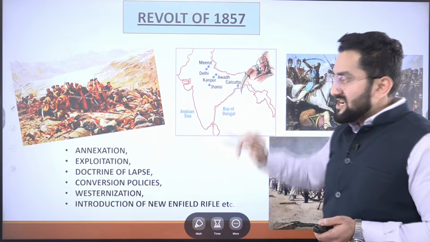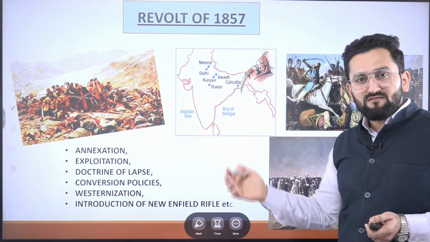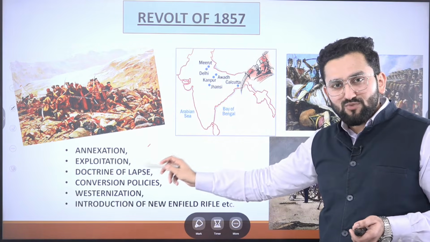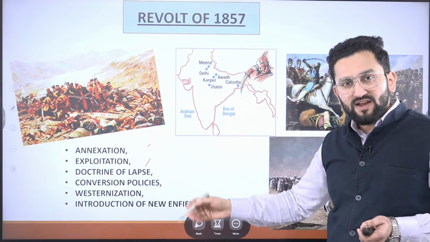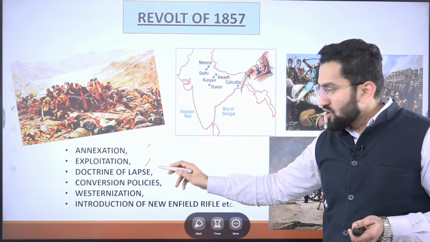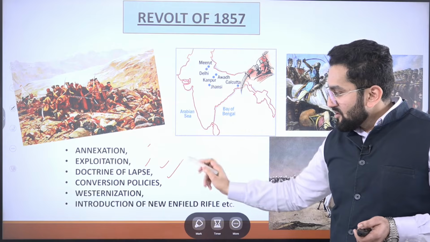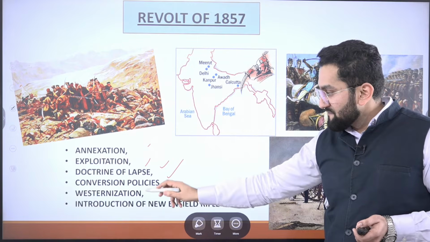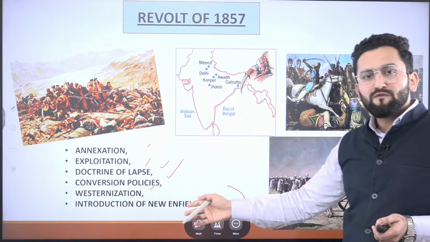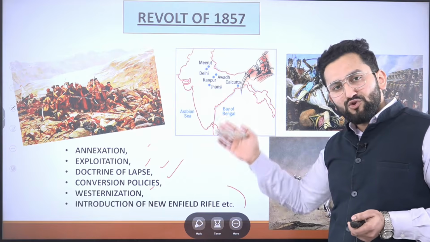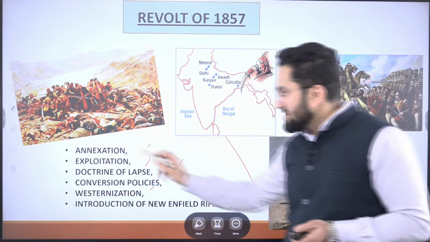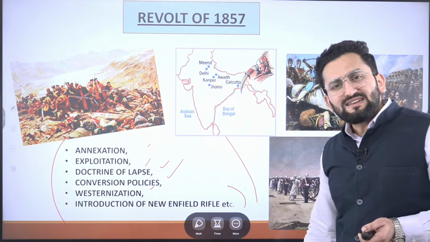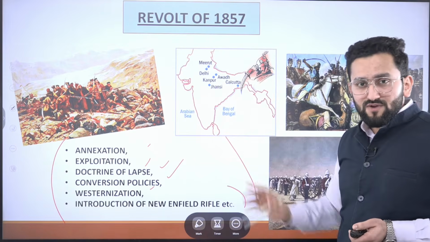And this revolt of 1857 had several reasons like annexation, exploitation, doctrine of lapse, conversion policies, westernization, introduction of the new Enfield rifle. You know all about this, right? In modern history, what were the reasons of the 1857 revolt?